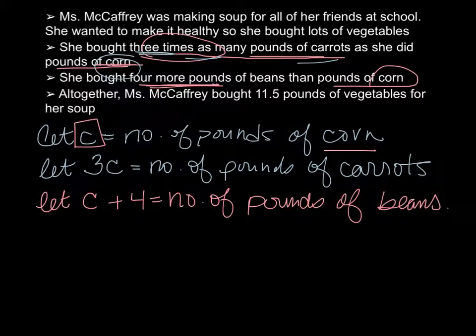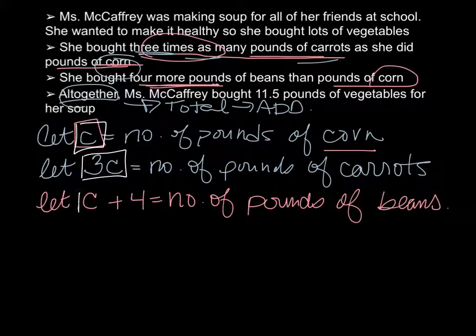Okay, now our last let statement. All together, what does that mean? That's a total. How do we find a total? We add. Okay, that means I'm going to be taking all of my expressions. I've got 3 expressions here, and I'm going to add them all together.